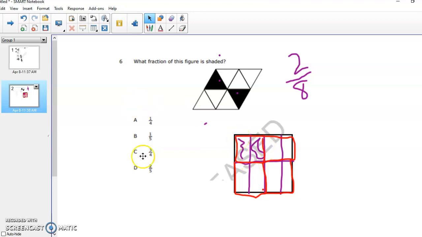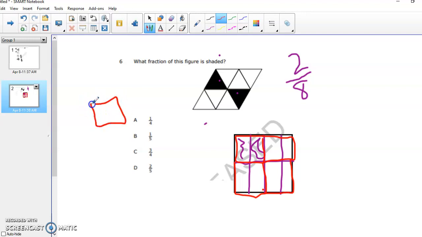I know that that's sort of tricky. So what you could have done is done it backwards. I started with 8 pieces and turned them into 4, but you could always come out here to the side and say, okay, A says 1/4. So I'm going to shade 1/4 here.